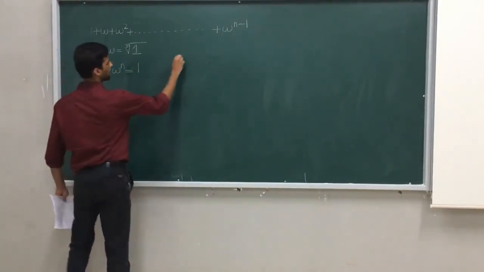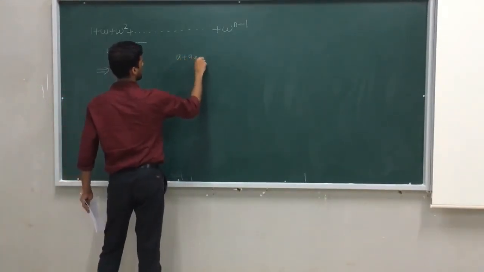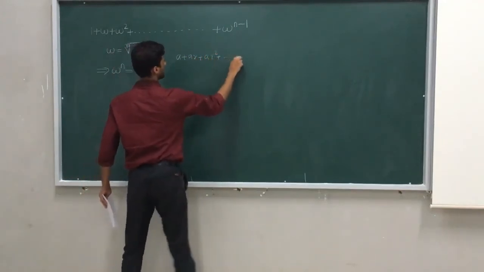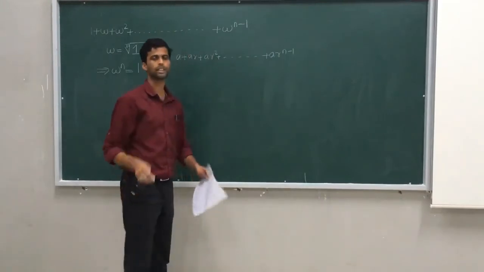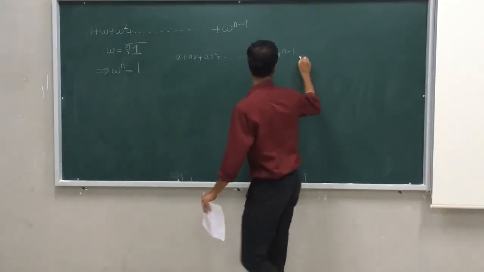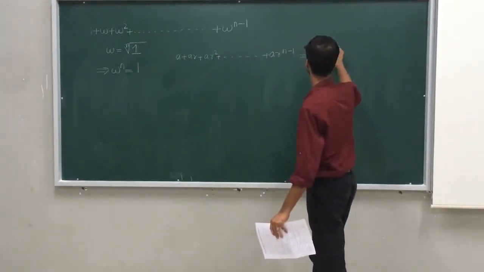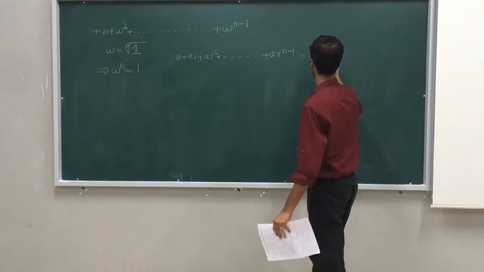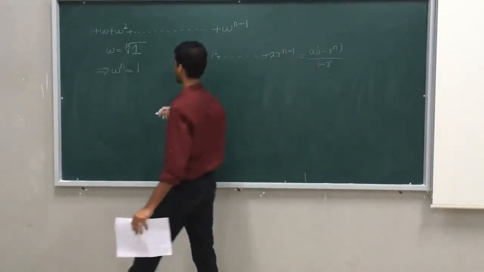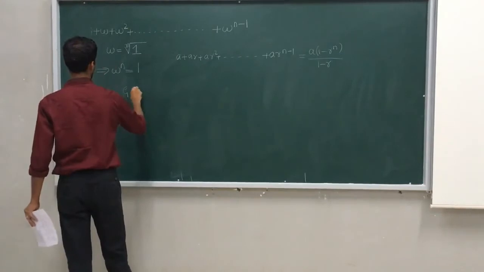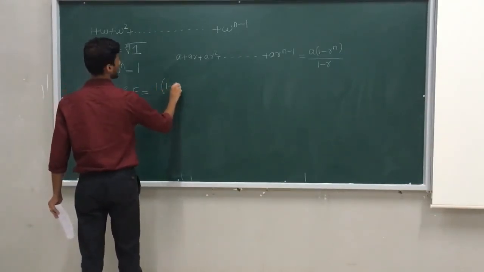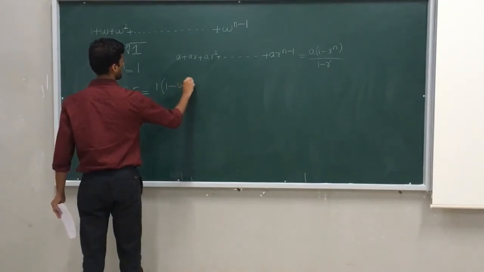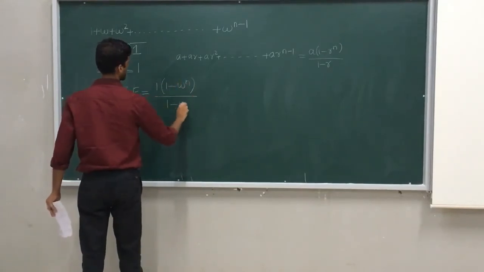We all know that a plus ar plus ar square and so on up to ar raised to n is a geometric series. You learned this in your lower classes. Its answer is given by a into 1 minus r raised to n upon 1 minus r. Therefore, the given expression can be written as first term into 1 minus common ratio omega raised to n upon 1 minus omega.